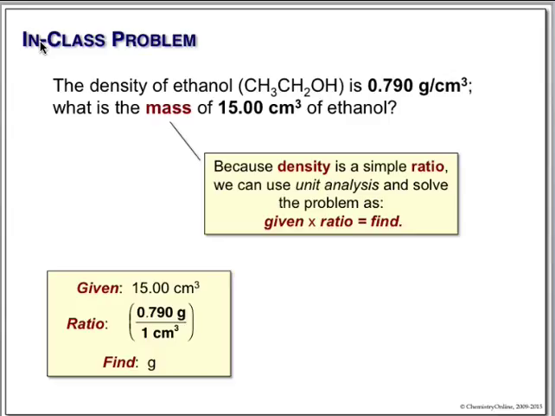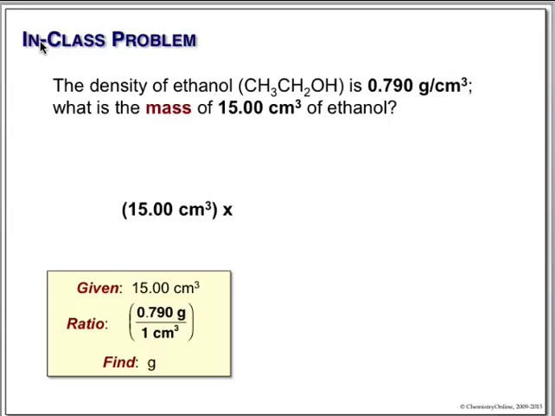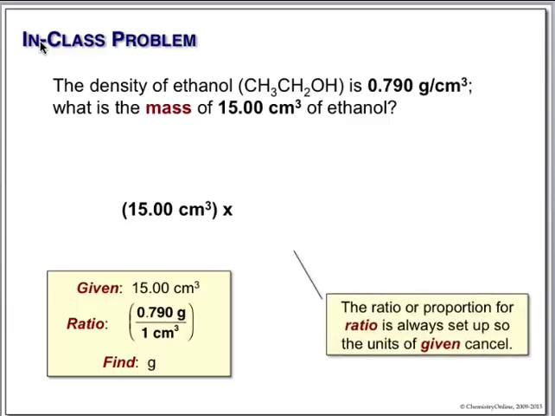Now remember, whenever you use this algorithm, you start off with your given. We're going to multiply it by the ratio, and the only rule you have to remember is that the units of given have to be in the denominator. This ratio, the way I've written it, grams per cubic centimeter, is right.